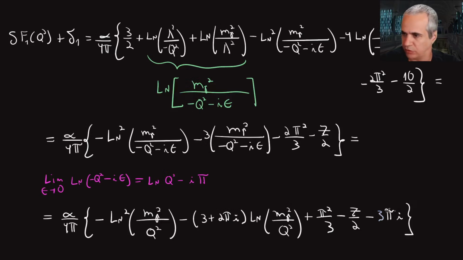So these complex parts all come from taking epsilon to 0 inside those logs.